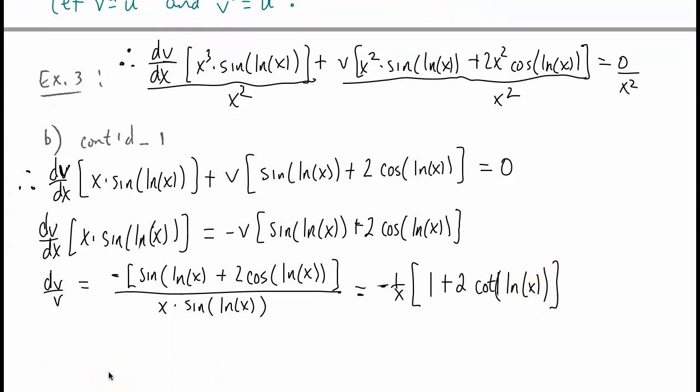So at this point here, we need to simply integrate both sides. So integrate both sides here. So this will be integral of dv over v, integral of negative 1 over x, and of course all this business here.